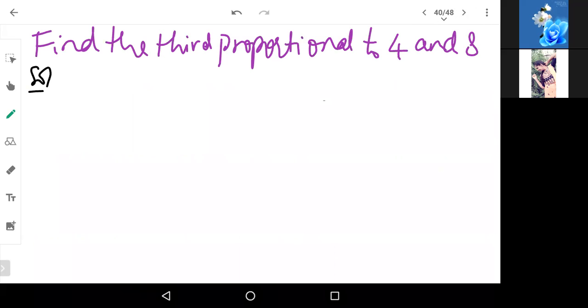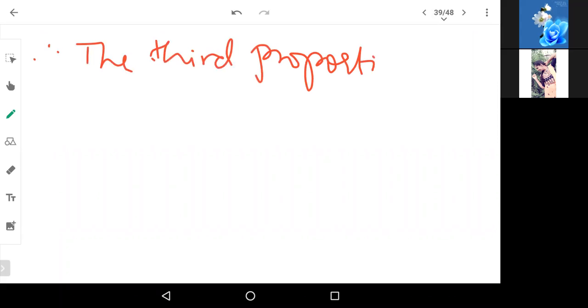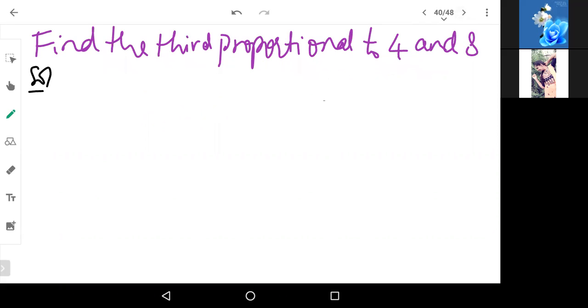Now the next question is find the third proportional to 4 and 8. Before that, write the conclusion. Therefore, the third proportional is 96.